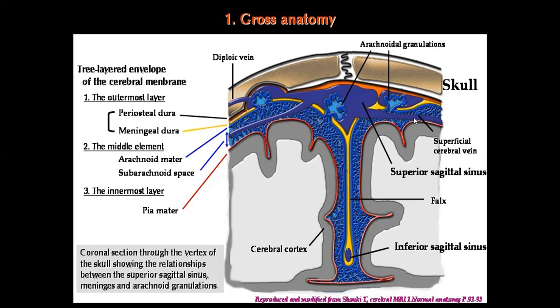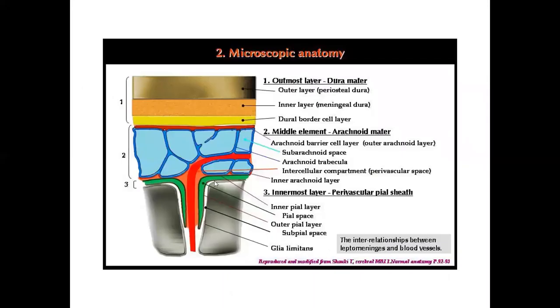These are the superficial cerebral veins, superior sagittal sinus, then falx and inferior sagittal sinus here. And same thing, outermost is dura, inner is the meningeal dura, periosteal dura, dural border cell layers, subarachnoid space, inner pia layer, outer pial space.